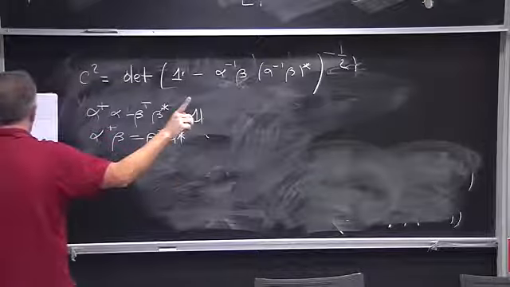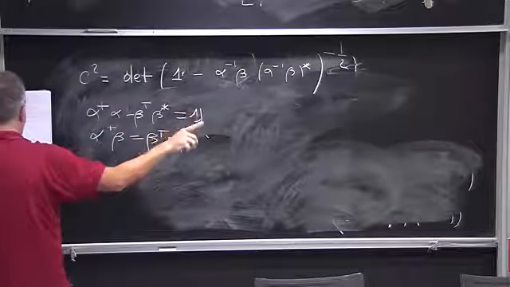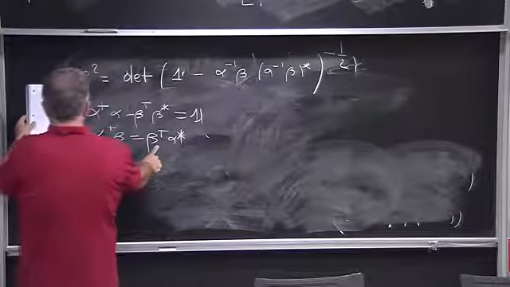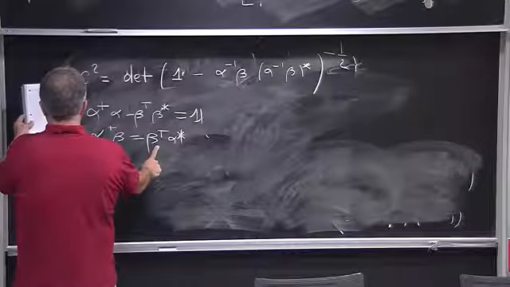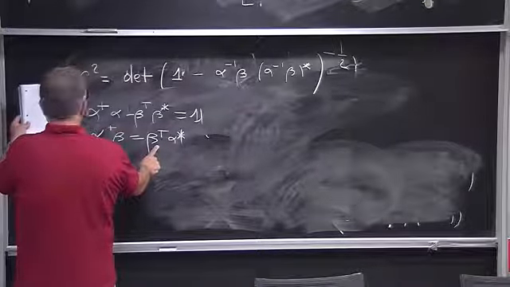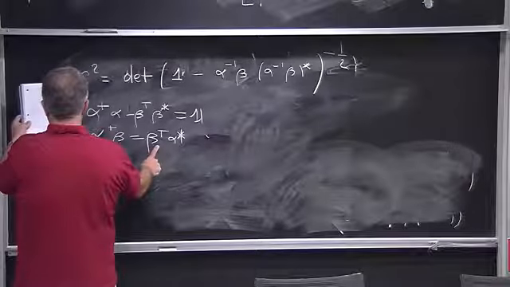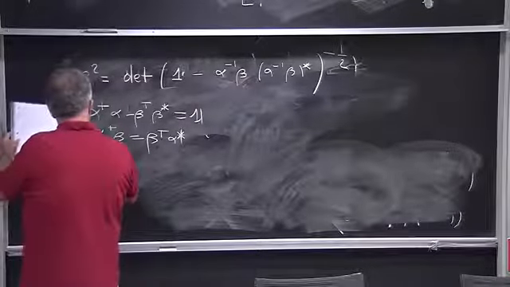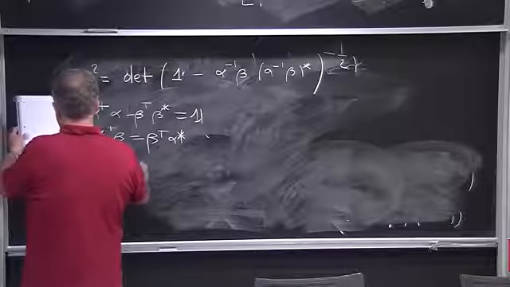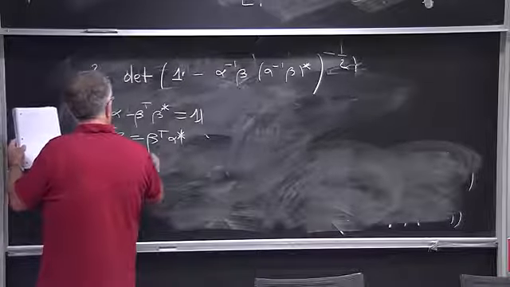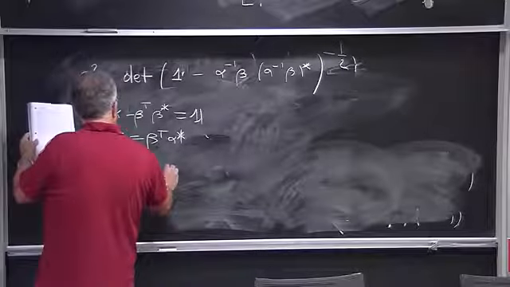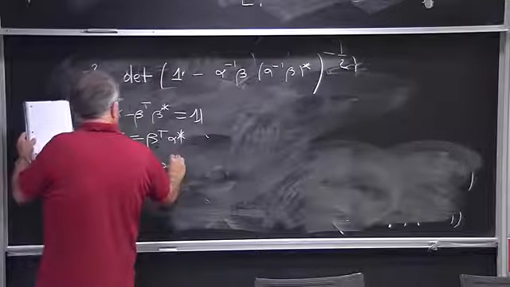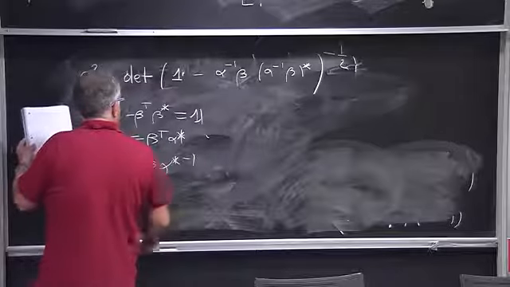This is the second relation there, which means that beta transposed is alpha dagger beta alpha star to the minus 1. Okay?